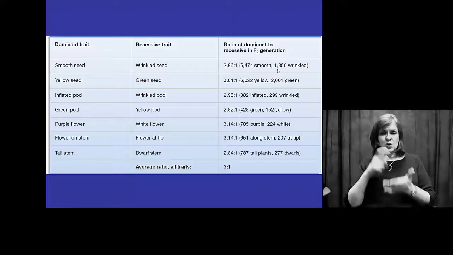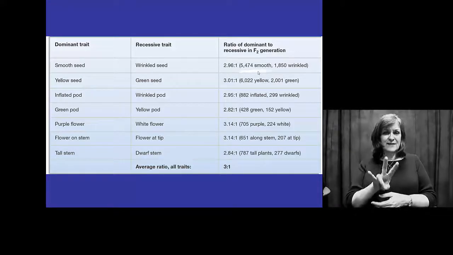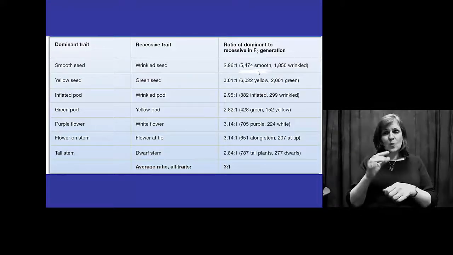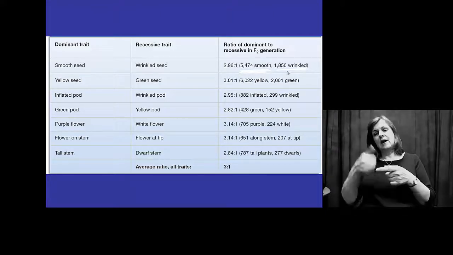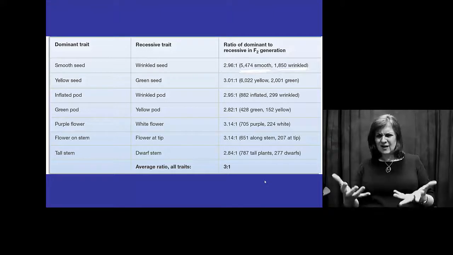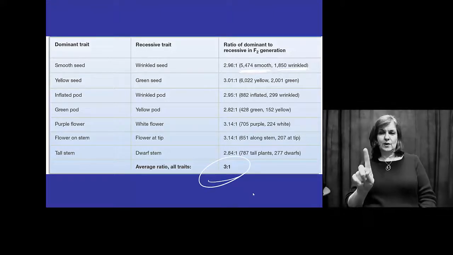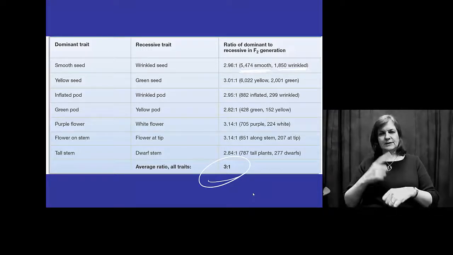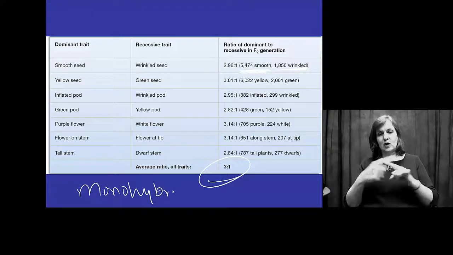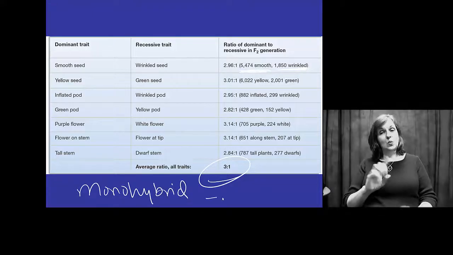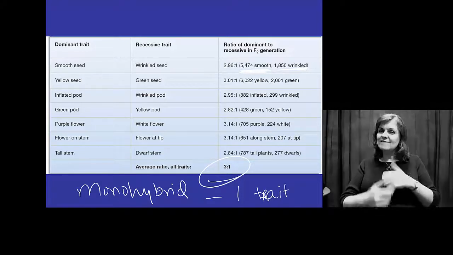Because look at the number of seeds he's counted: 5,474 smooth seeds, 1,850 wrinkled seeds, let alone all of these others. Look at this. On average, at the end, he is getting a 3-to-1 ratio every time when he looks at these monohybrid, or single trait, crosses. One trait, every time.